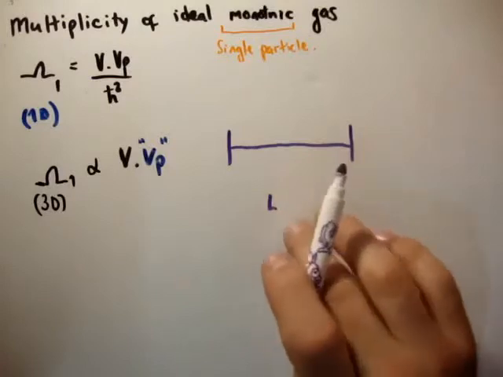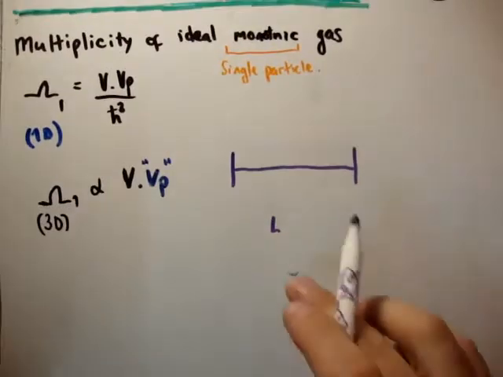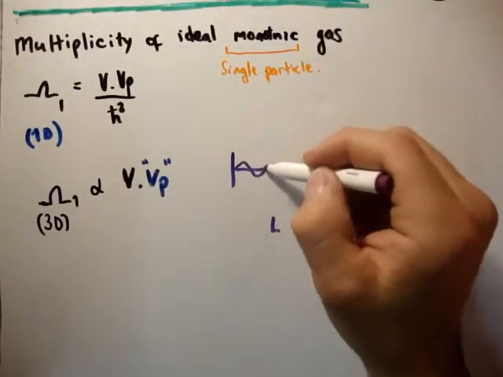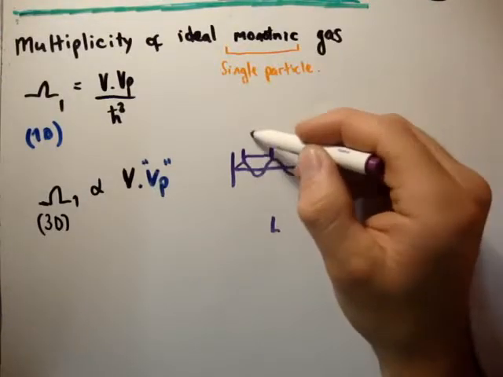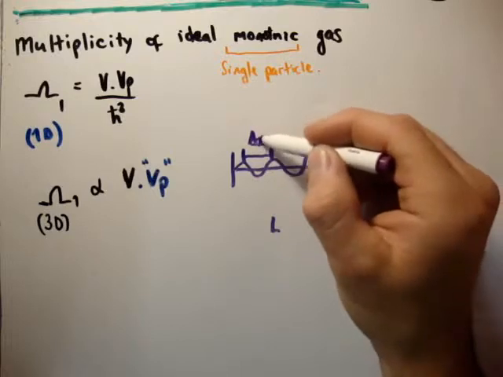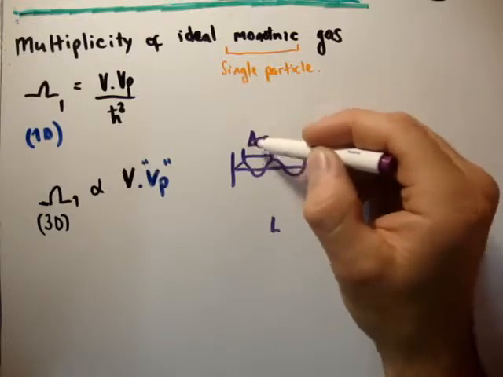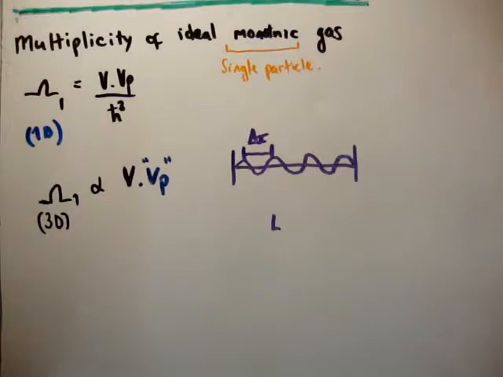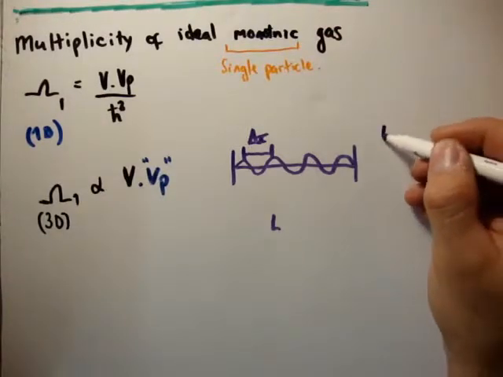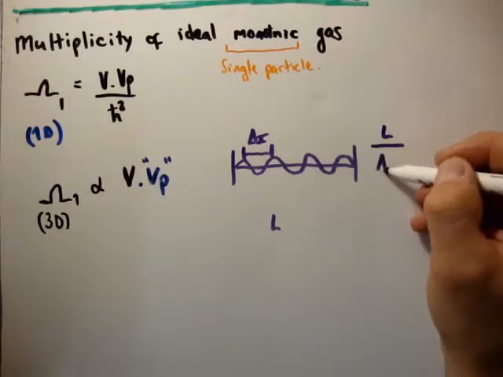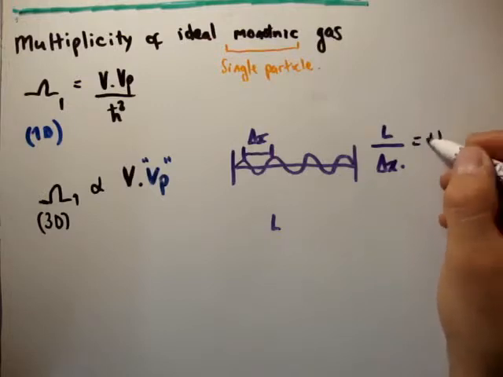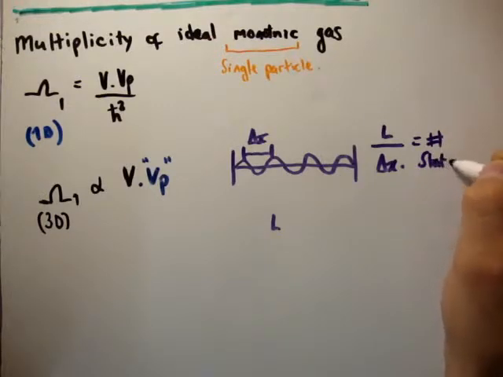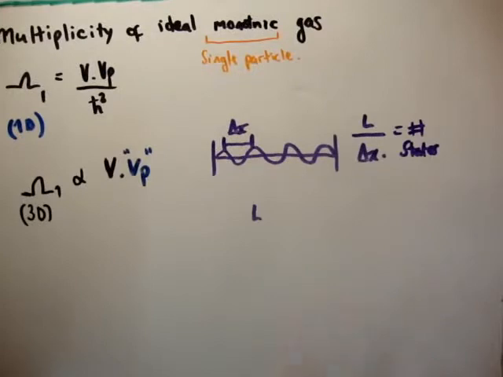My particle can occupy a lot of different states in here, where delta x is the length in the box which has to be travelled before you come into a new state. So the total number of states, of course, is the length divided by the distance you have to move in order to change state. This gives the total number of states in one dimension in position space.